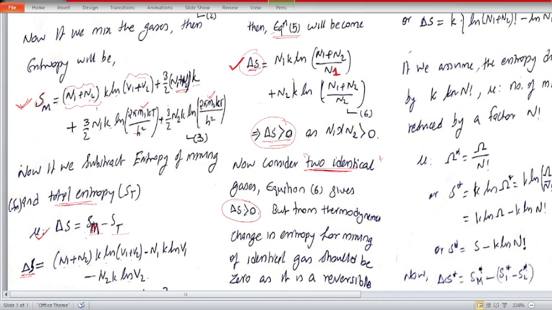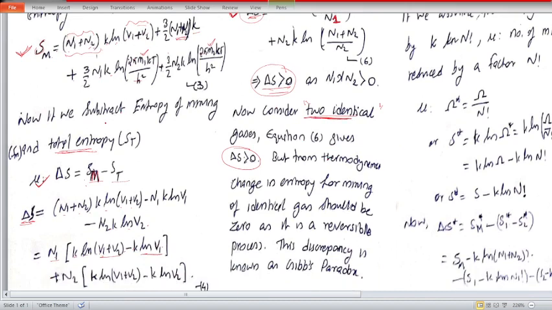But thermodynamically, if you consider two identical gases, delta S should not be greater than 0. From thermodynamics, the change in entropy for mixing of identical gases should be 0, as it is a reversible process, since mixing of ideal gases is a reversible process.